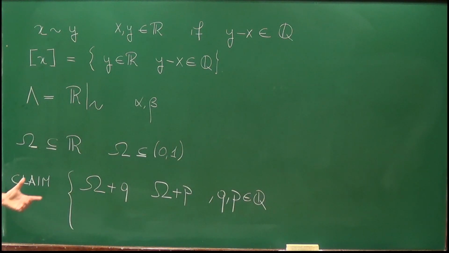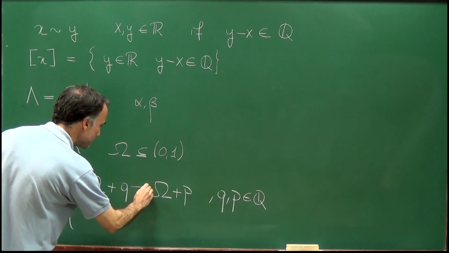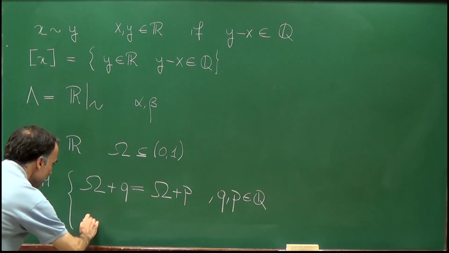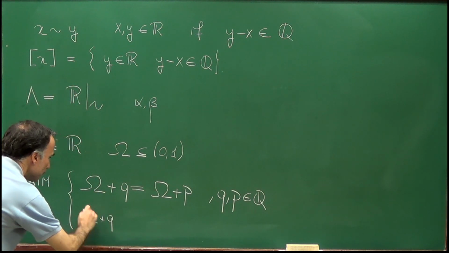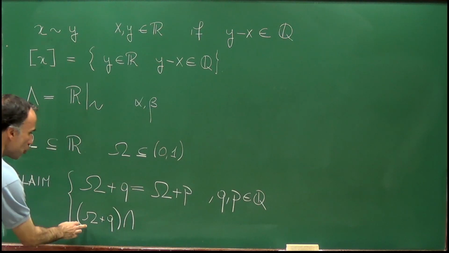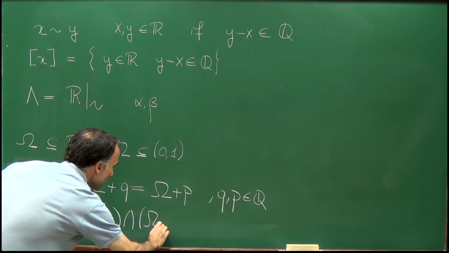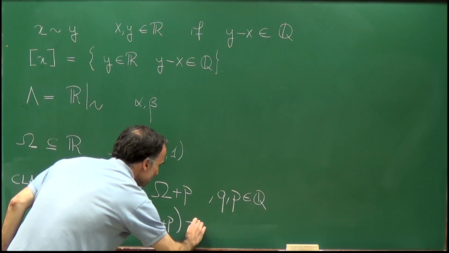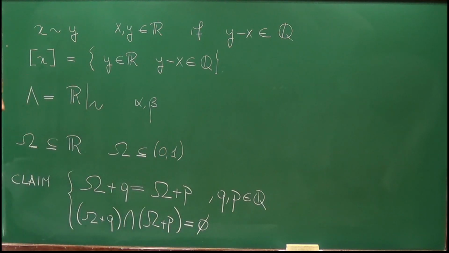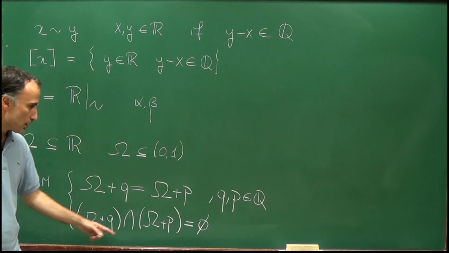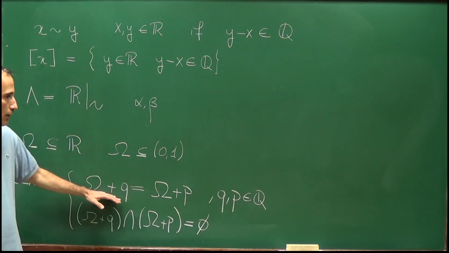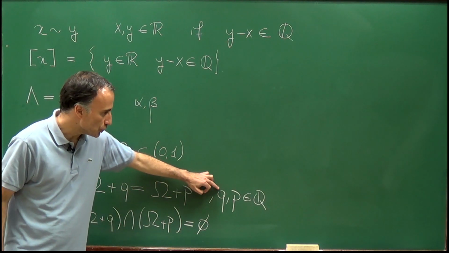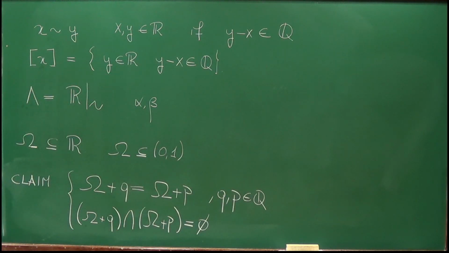What I claim is that either these two sets are equal or they are disjoint, so the intersection of omega plus q with omega plus p is the empty set. So what we'll prove is this dichotomy: either these two sets have no intersection or they are equal, if q and p are rational numbers. So let's prove this claim.